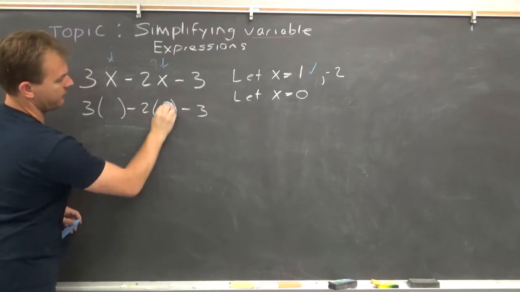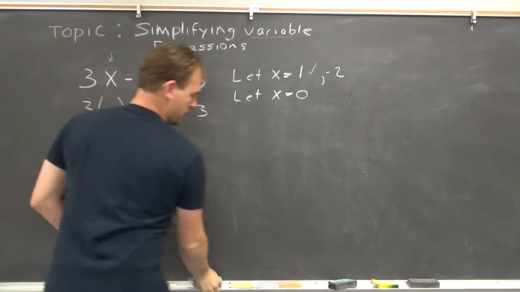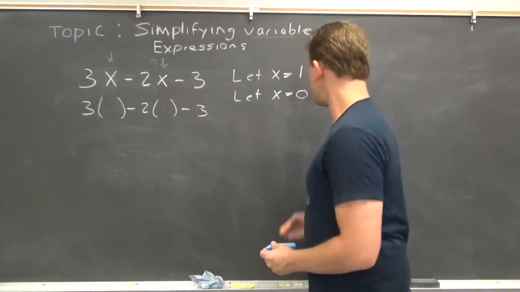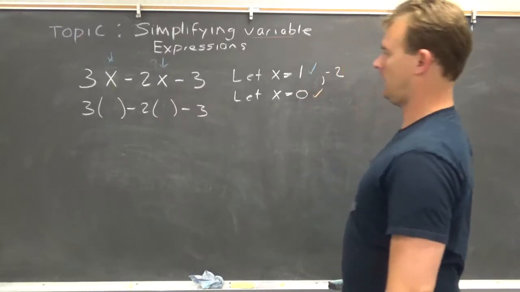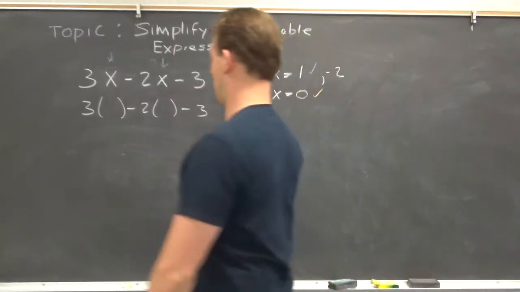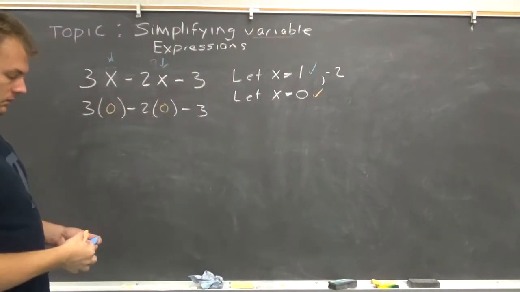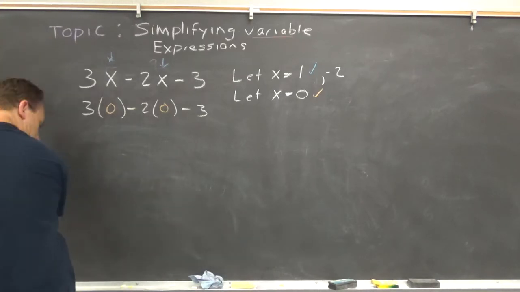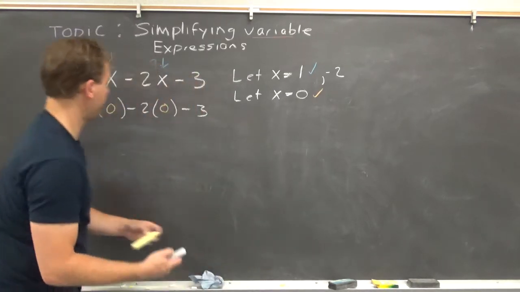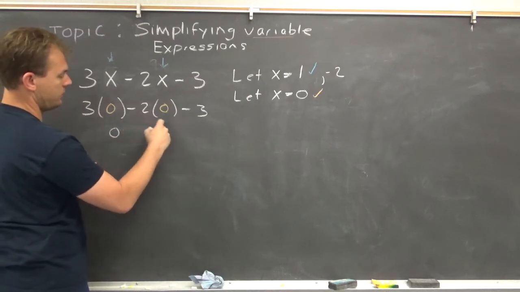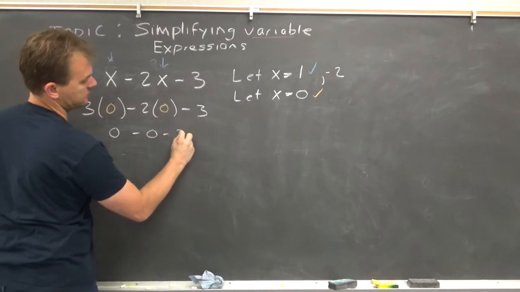So let's try the second one. So we're going to take 0 and plug 0 in. So here's 0, 0. And then just go ahead and simplify it. 3 times 0 is 0. 2 times that is 0 minus 3.